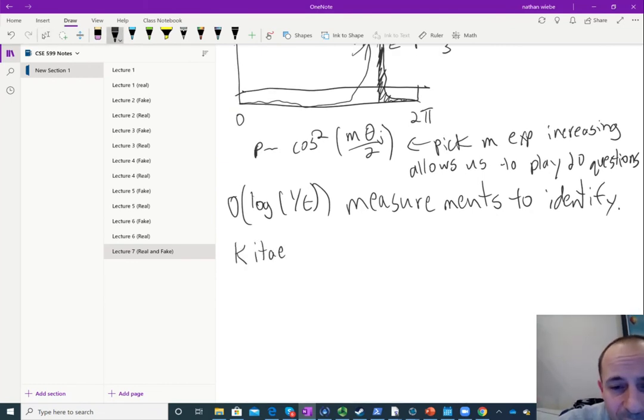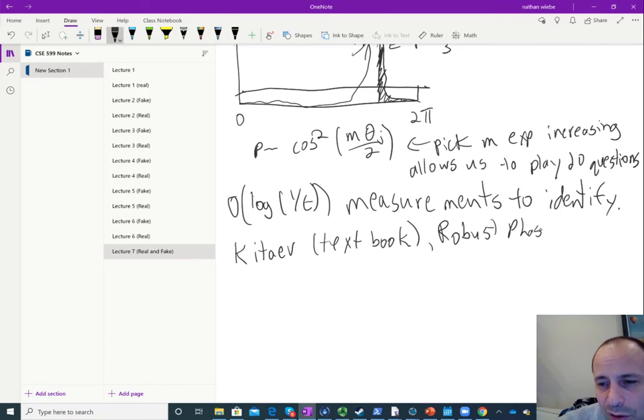Now, there's a number of different phase estimation methods that have been proposed. The first one was by Kitaev, in his textbook. Also, the reference to the faster phase estimation paper has good pseudocode for that. Then another reference for this that came out later is robust phase estimation, and Kimmel and co-authors did that one.